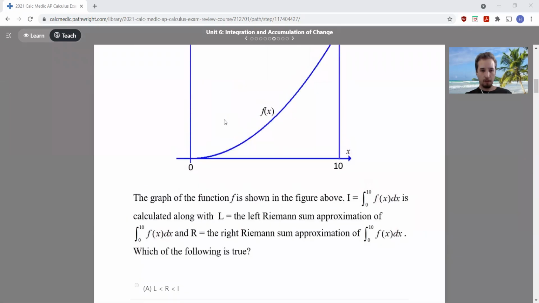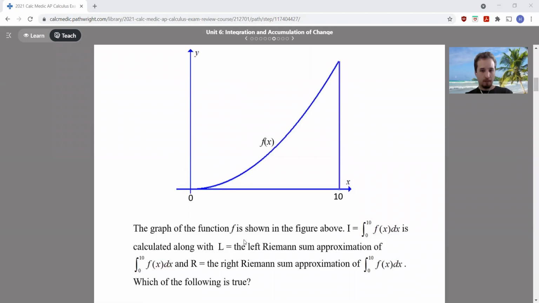Okay, so we have I, which is the exact area under the curve. We have L, which is a left approximation, and R, which is the right approximation.